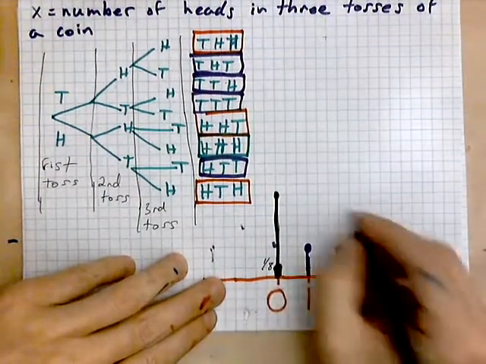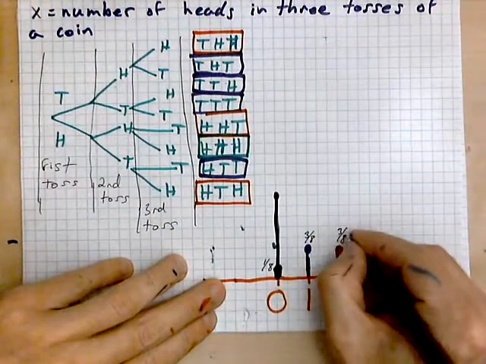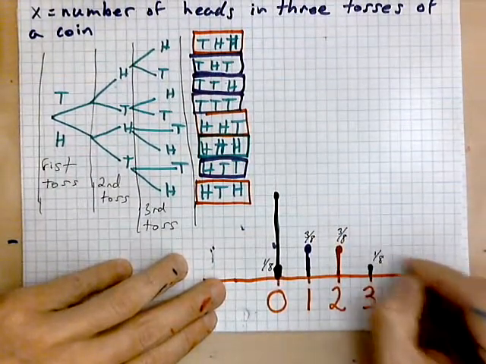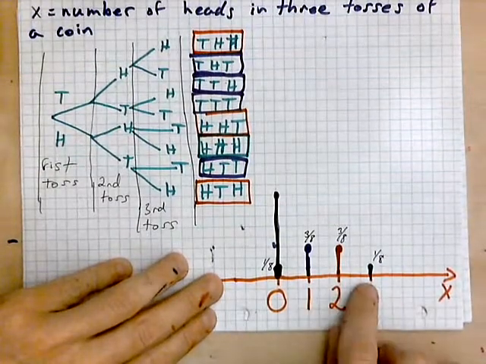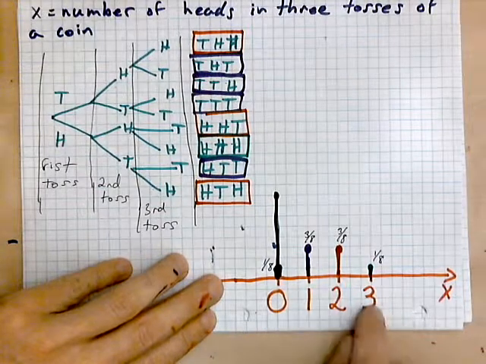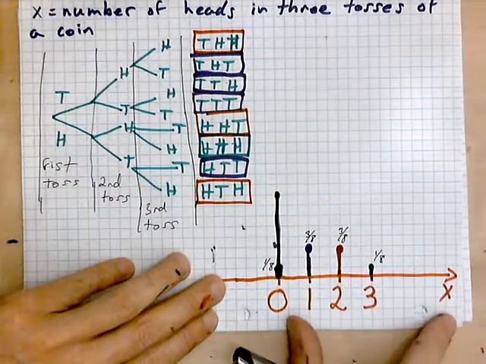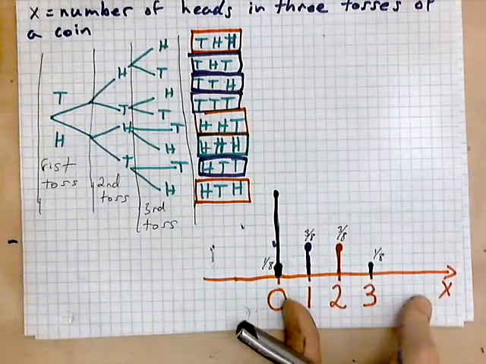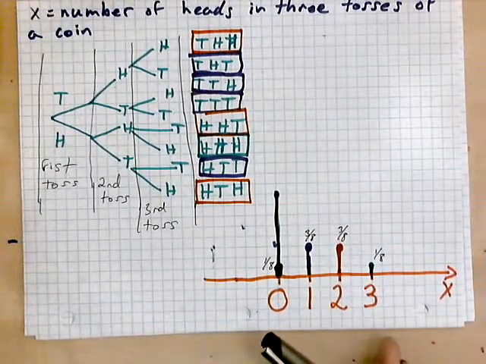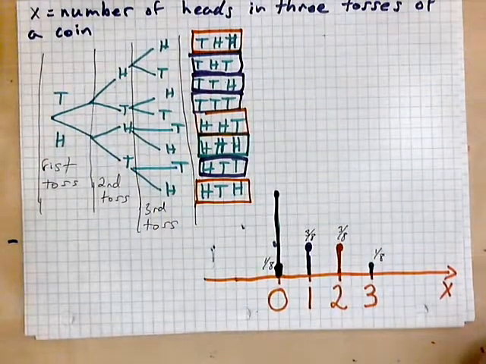The probability of getting 2 heads is also 3 out of 8. The probability of getting 3 heads is only 1 out of 8. So this is what is known as the probability function of this random variable, and the random variable is the number of heads in 3 tosses of a coin.